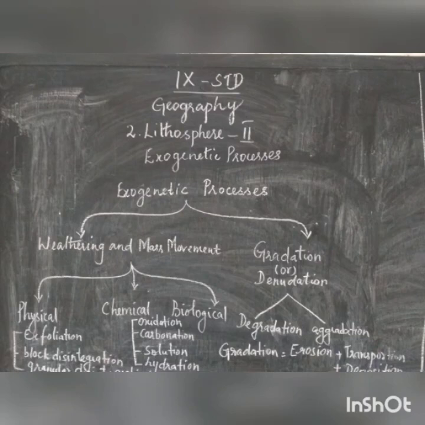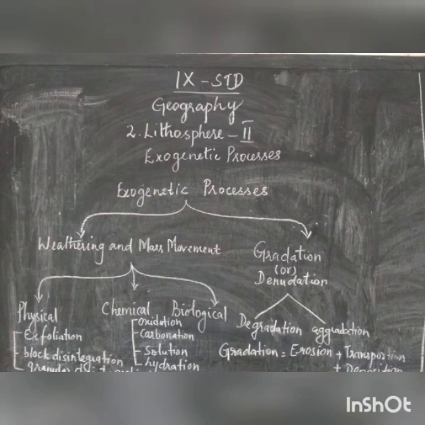Number 1, exfoliation. The alternate heating and cooling on rounded rock surfaces leads to peeling of rocks like an onion. So exfoliation looks like an onion. This is called exfoliation. Shattering and scattering are the other forms of exfoliation.